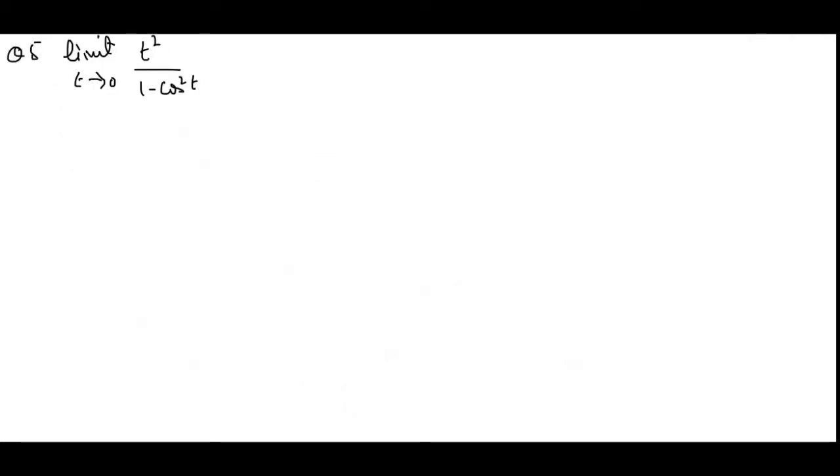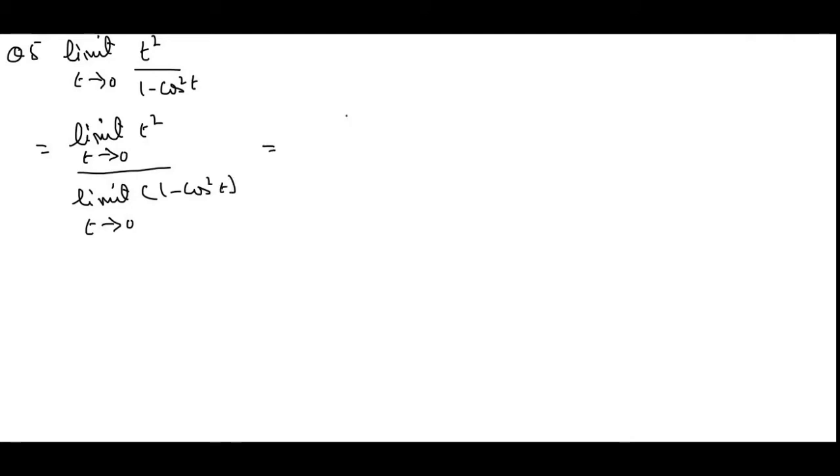Limit t approaches 0, t squared divided by 1 minus cos squared t. Now applying the limit here first of all, limit t approaches 0, we have t squared, and limit t approaches 0 and 1 minus cos squared t.